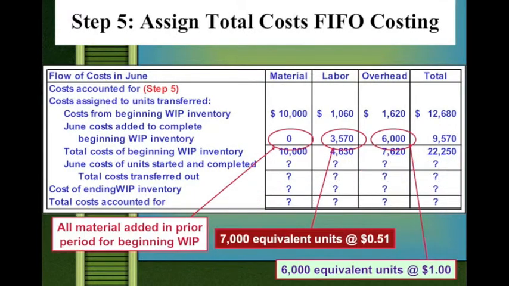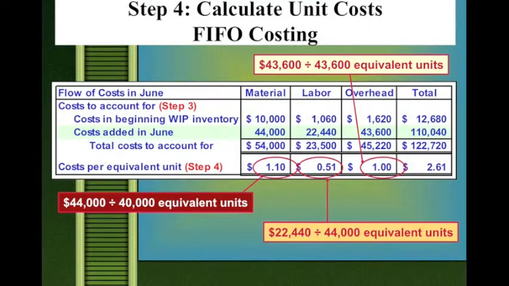So just to go over again, I want to go back and see here. The key is that I'm looking here at my cost per equivalent unit, and that's just based on the cost added in June. So the cost added in June here is 44,000 for materials, 22,440 for labor, and 43,600 for the overhead. Based on these amounts, I'm calculating using which equivalent units?